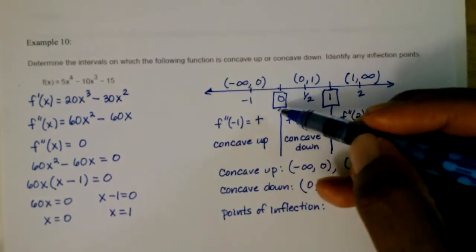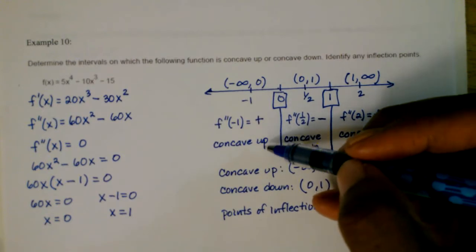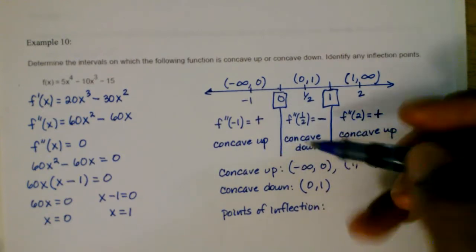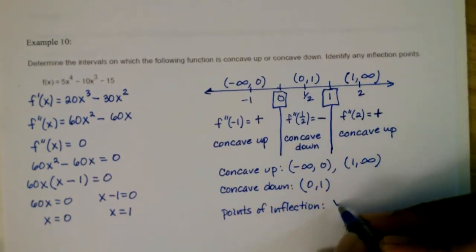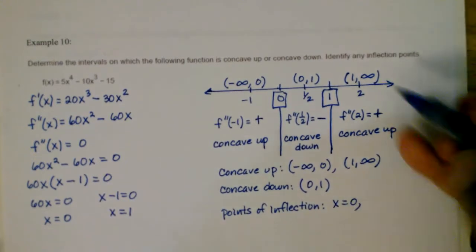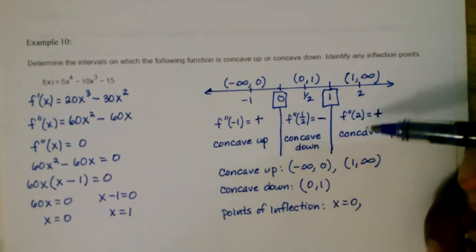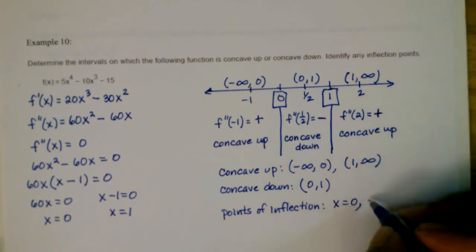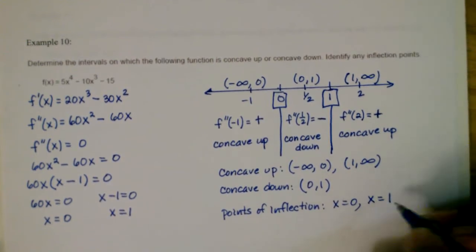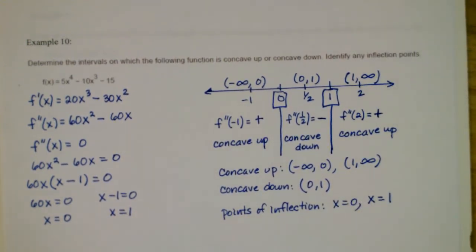At 0, it changes concavity. I'm going from concave up to concave down. And at 1, that's another point of inflection. I'm going from concave down to concave up. So x equals 0 and x equals 1 are my 2 points of inflection.